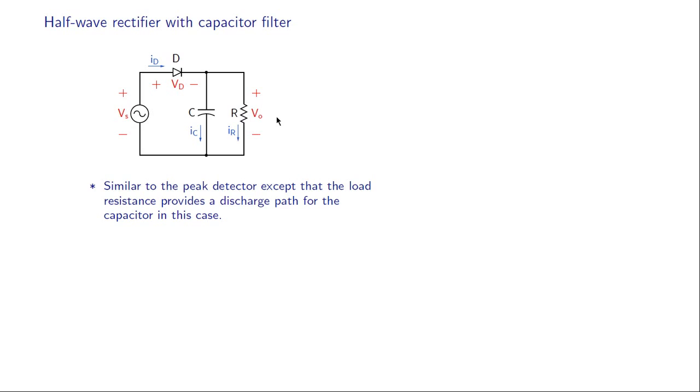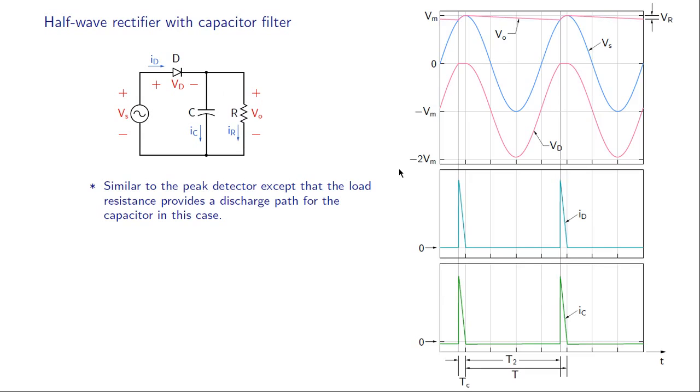And now let us look at what happens in the presence of a finite load resistor, that is when the load resistor starts drawing a current. These are the waveforms.